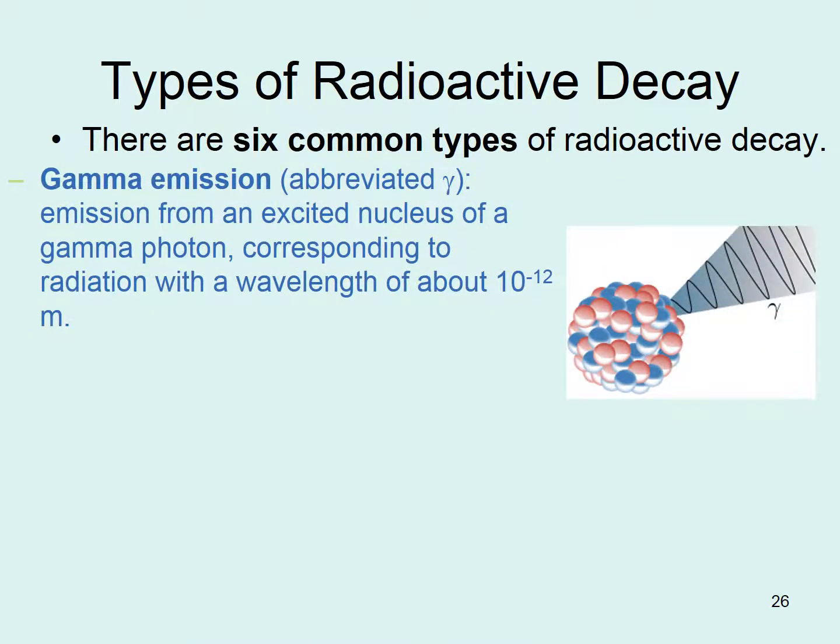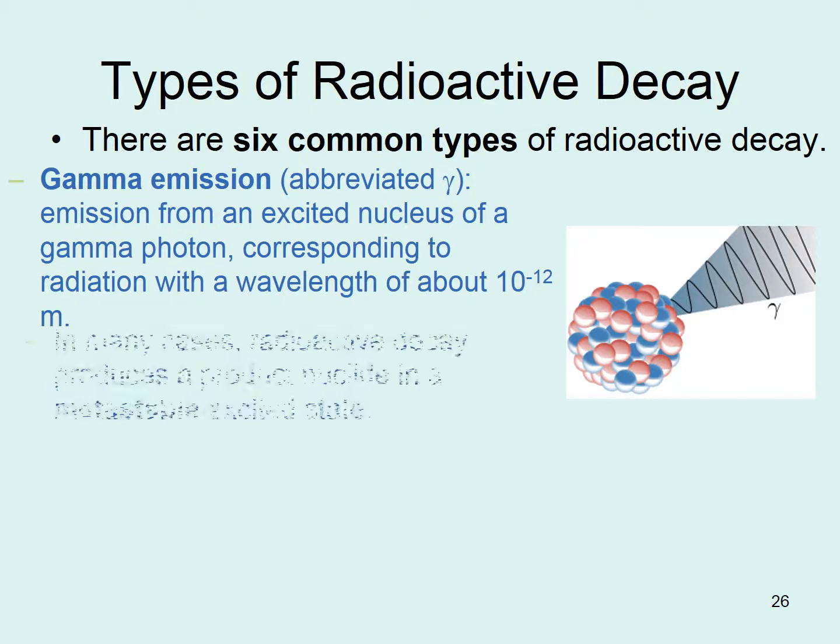Another radioactive decay that we have talked about already is gamma emission, with the gamma symbol. This is when an excited nucleus shoots some energy out of the nucleus that has a wavelength of about 10 to the minus 12th meter, so it's close to an X-ray in size.